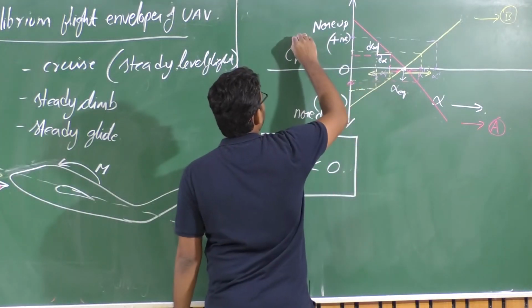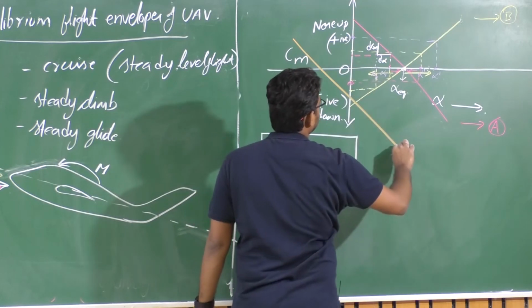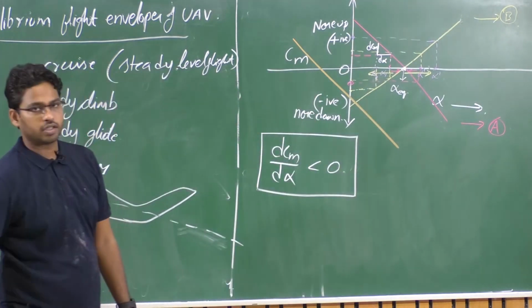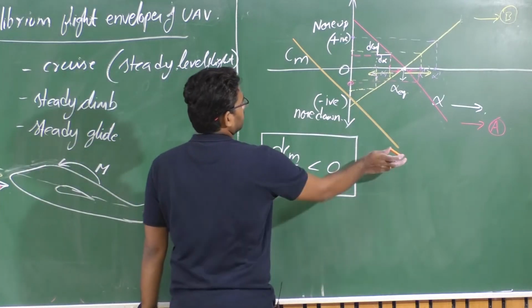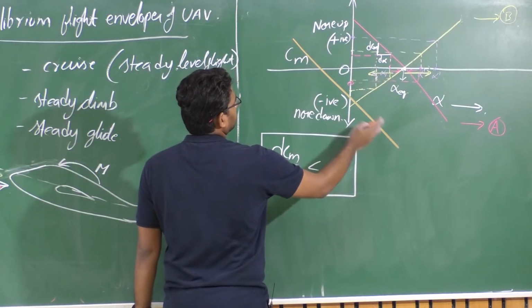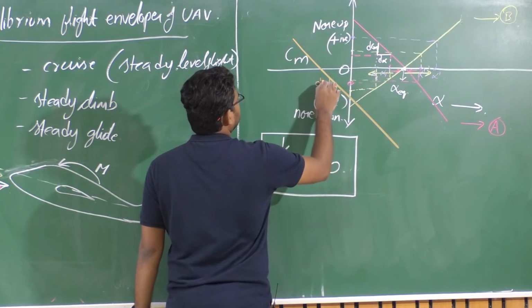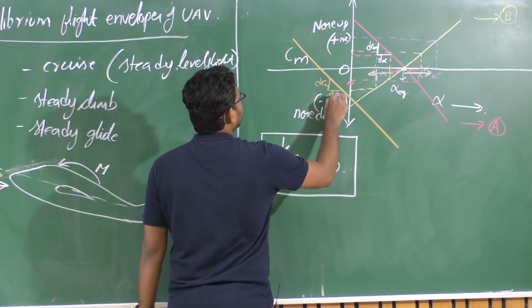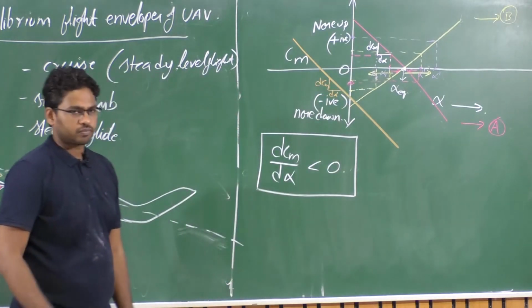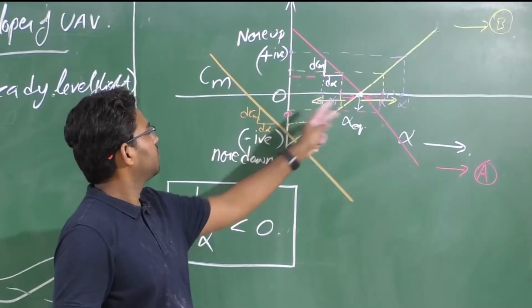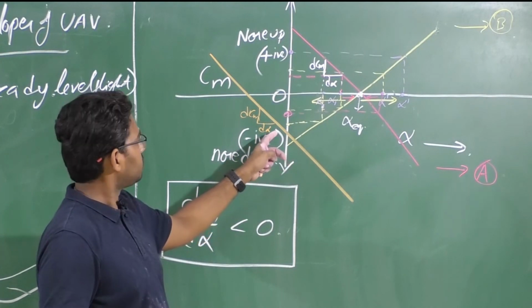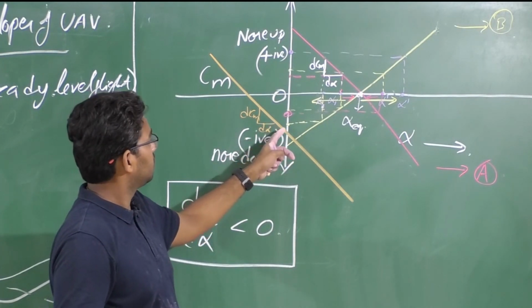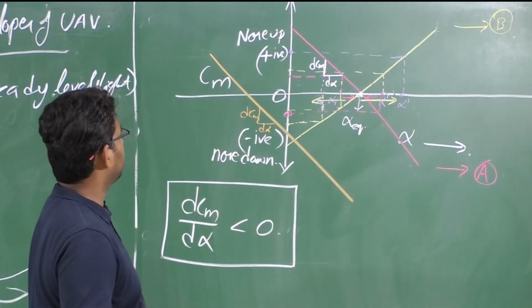Say the slope is negative here. So we have satisfied this condition: dCm upon d alpha is negative, right? But which curve do you prefer for the aircraft to possess? Yeah, A. Okay. Why do we need A?